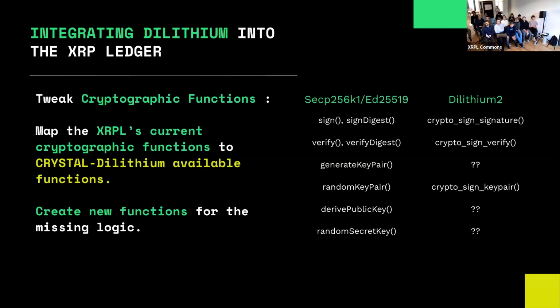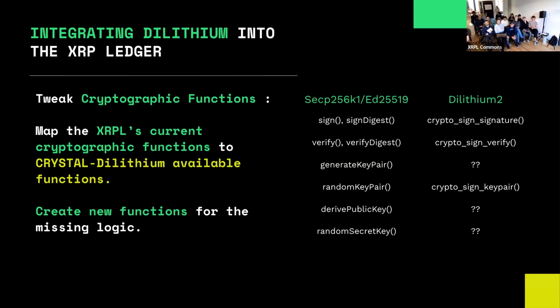The next step was to map XRPL's current cryptographic functions to the default functions which were offered by dilithium. The table on the right side is the exact mapping of the functions which did the same operation as XRPL's SECP and ED.